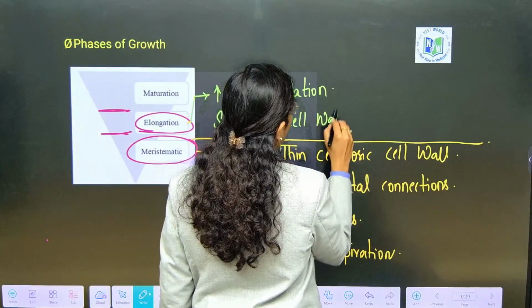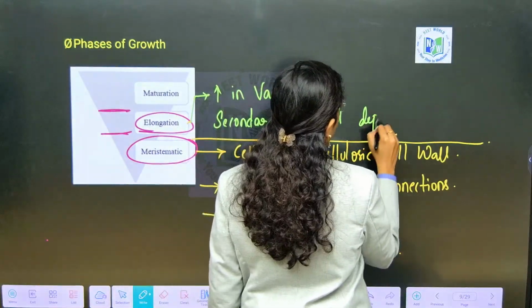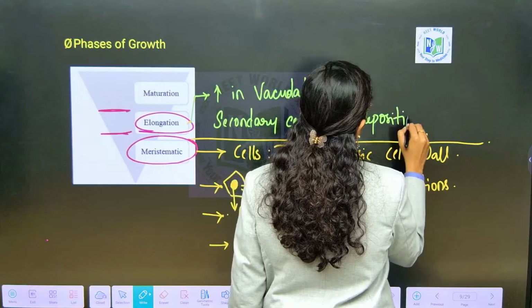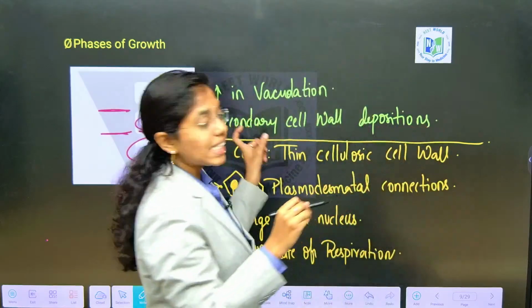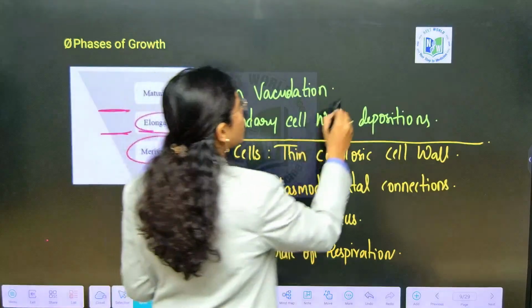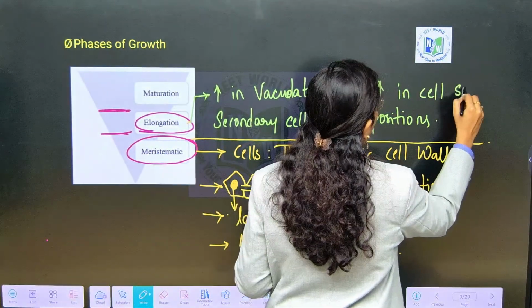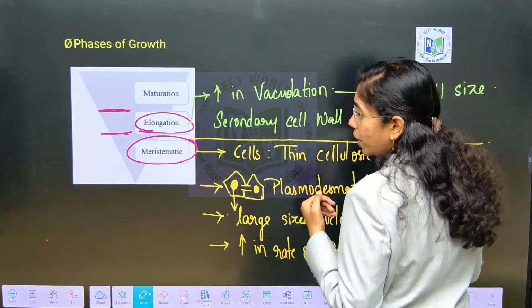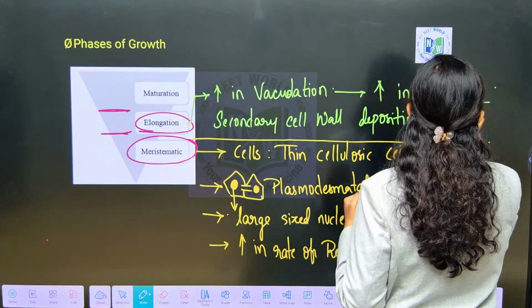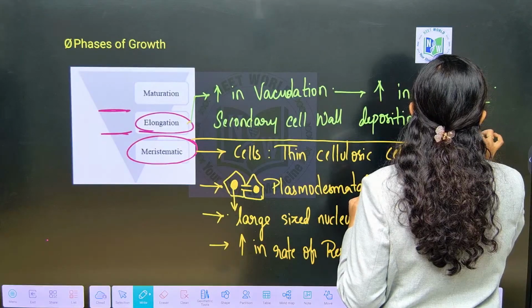As vacuole size inside the cell increases, this will also lead to increase in cell size, or cell enlargement.